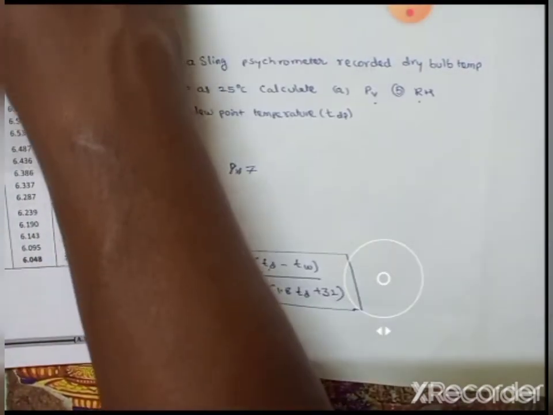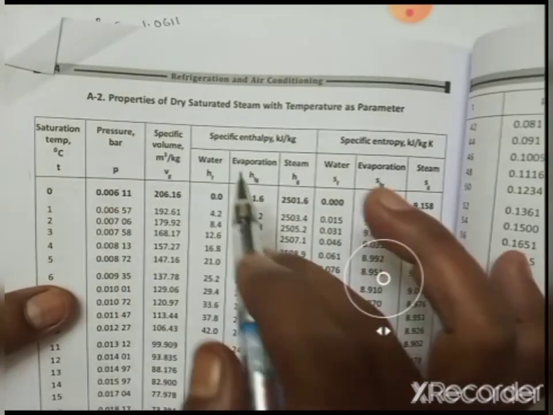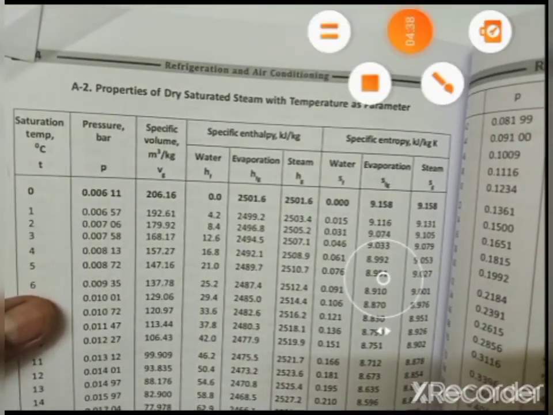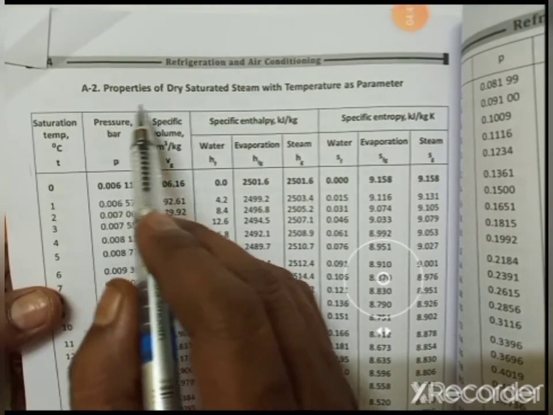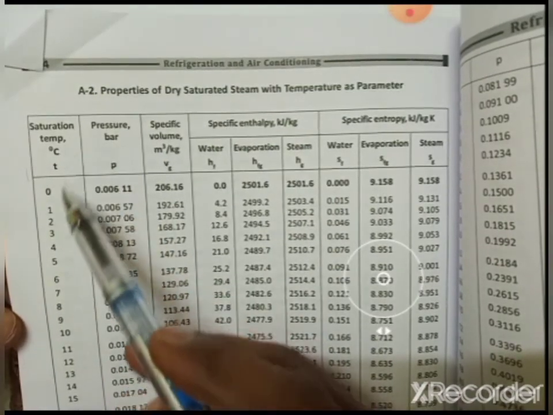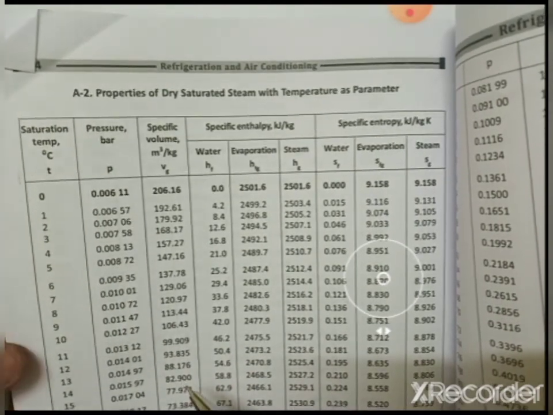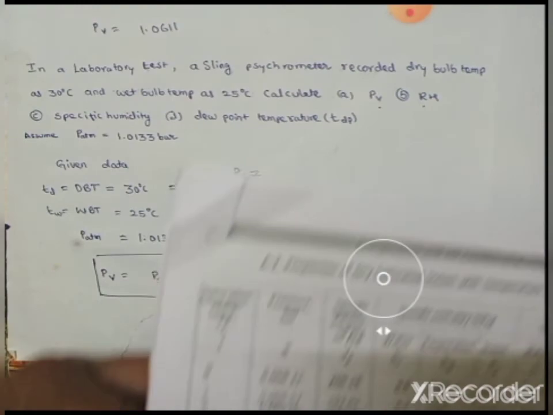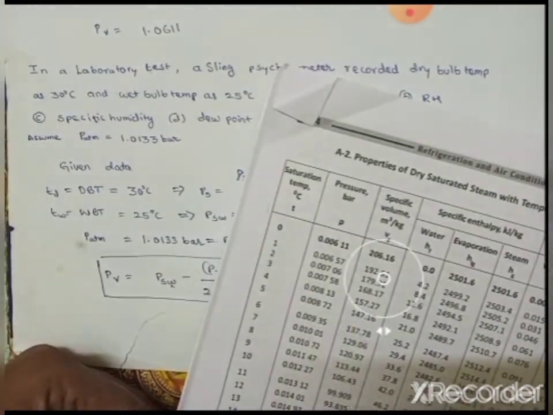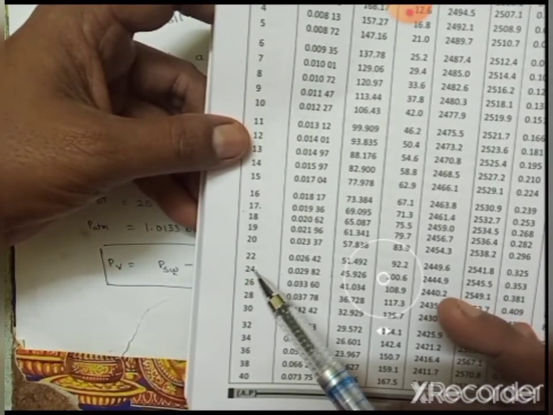Here are the properties of dry saturated steam with temperature as the parameter. This is the saturated temperature column, and this is the pressure column. The wet bulb temperature is 25 degrees centigrade, but here we have only 24 and 26.